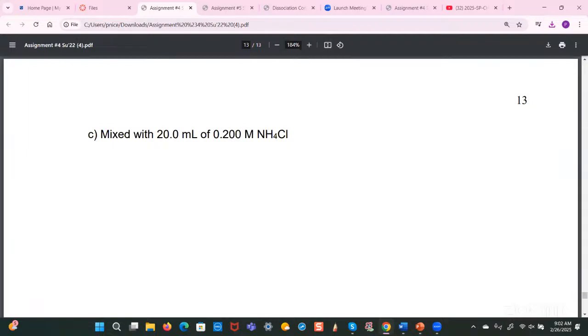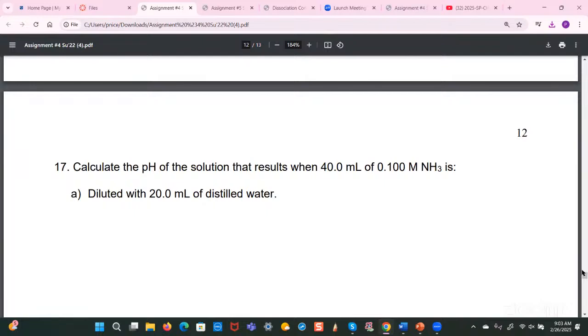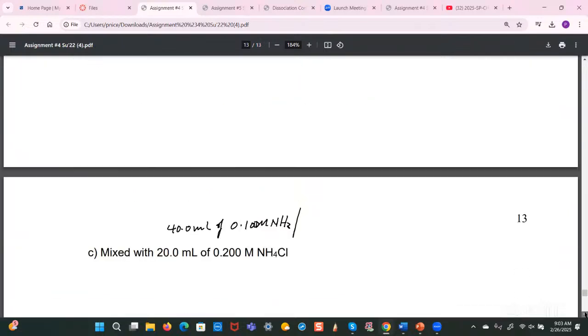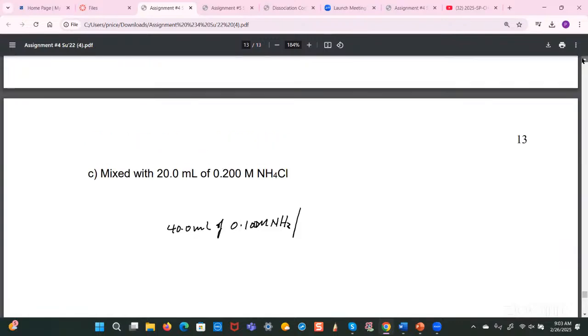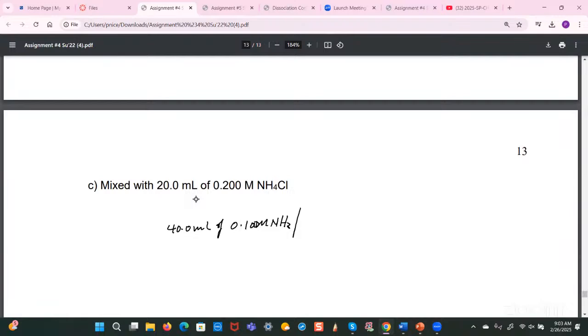All right, so basically, you're taking 40.0 mL of 0.10 M ammonia, and you're mixing it with 20.0 mL of 0.200 M ammonium chloride, all right?